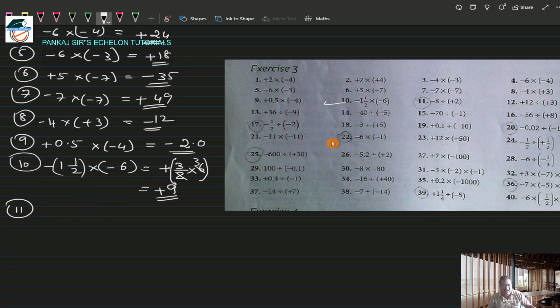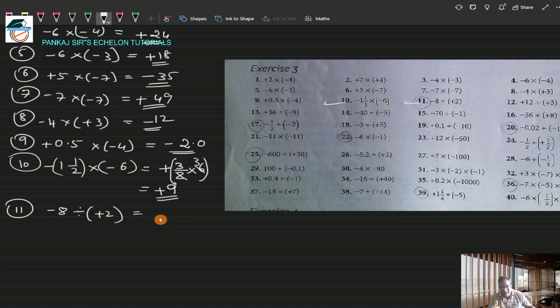Question number 11. 11 is here. It says that minus 8 is division. Okay. This time it is division plus 2, right? Okay. So here, now this minus divided by plus. As I told you, the rule for the multiplication and division is same.